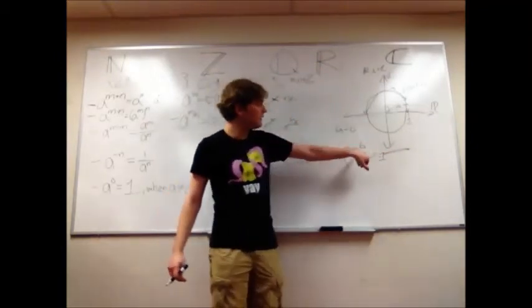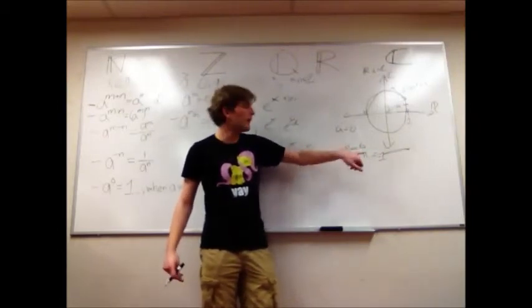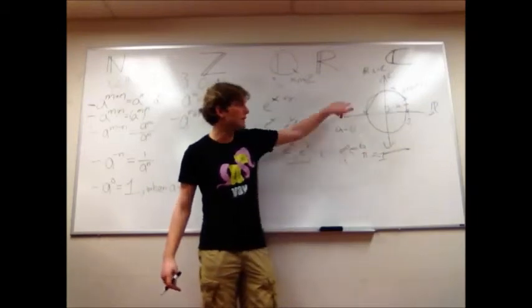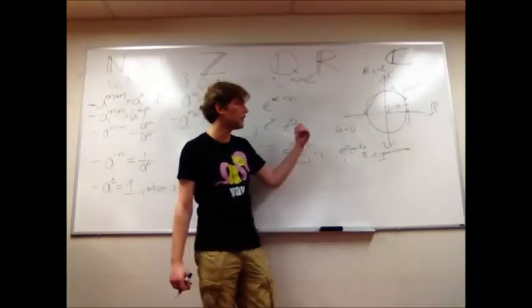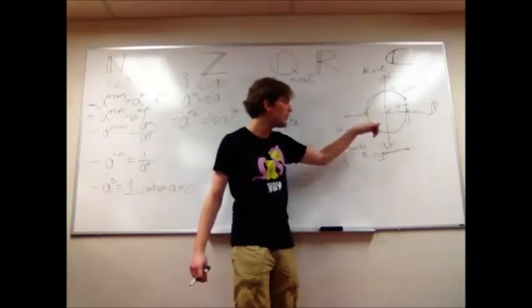We can do that for any value of b that we want. It may end up being very messy if you don't get a multiple of pi. You might have to actually figure out using limits and sequences where you are going to end up in your unit circle.